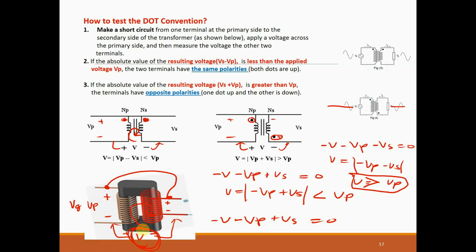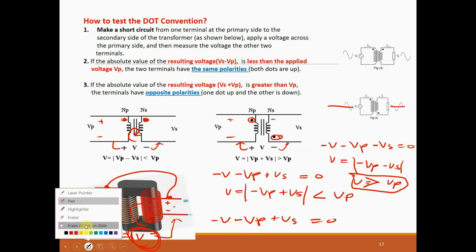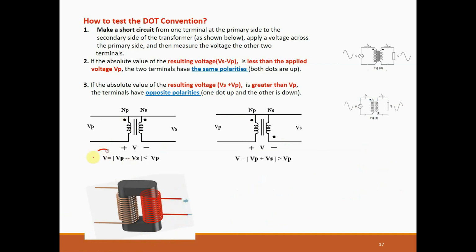If the value of the voltage here is less than BP, that means they have the same polarity. Okay? This is to simplify the analysis. If the value of B is less than BP, they have the same polarity. Next, if the value of B is greater than BP, they have opposite polarity. Okay? As simple as that.